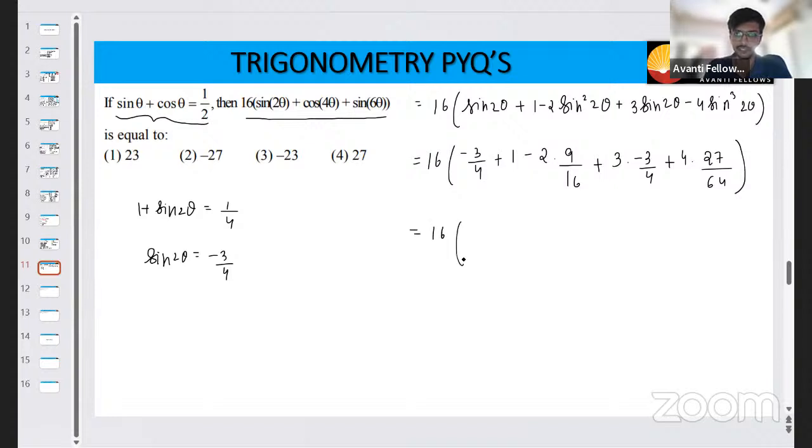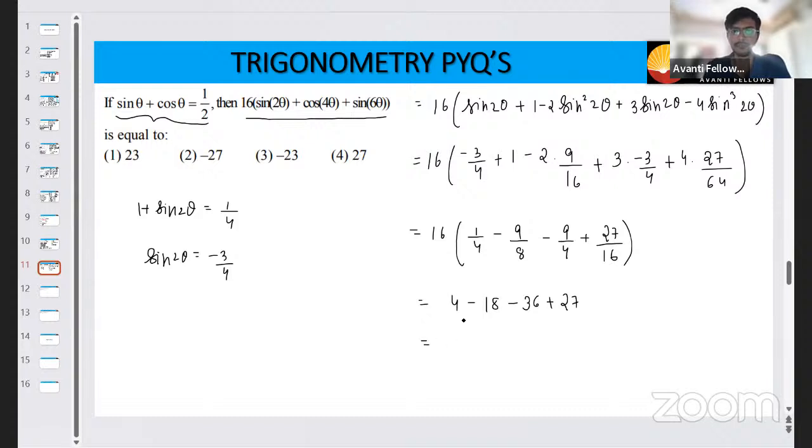So this is 16, 1 minus 3 by 4, 1 by 4 minus 9 by 8 minus 9 by 4 plus 27 by 16. So 16 multiply करूंगा तो 4 minus 18 minus 36 plus 27.